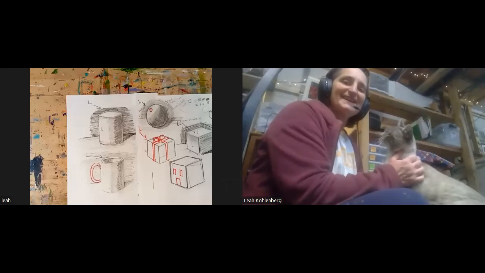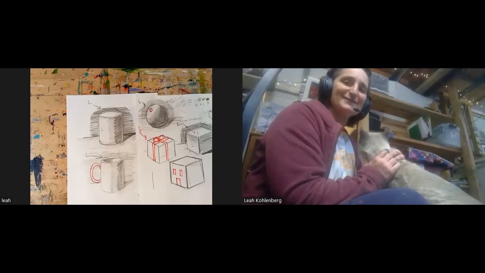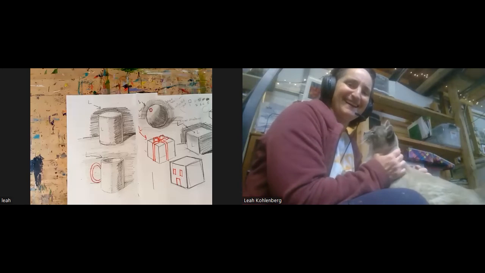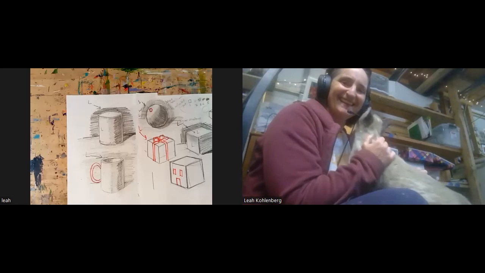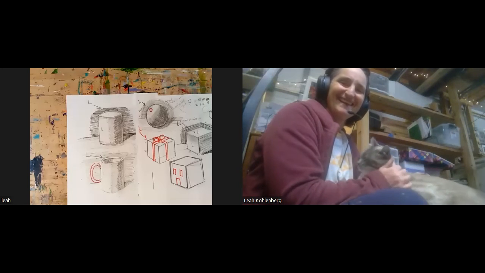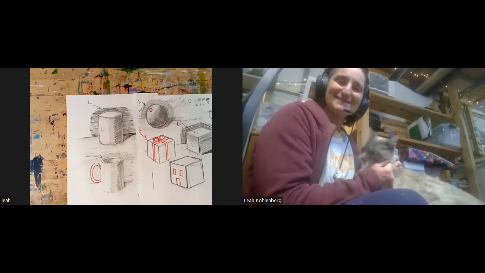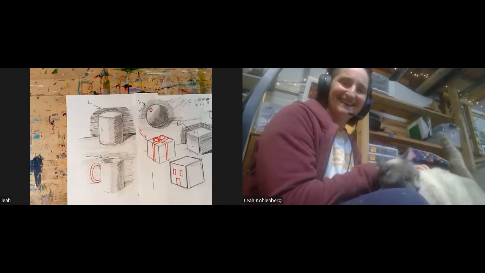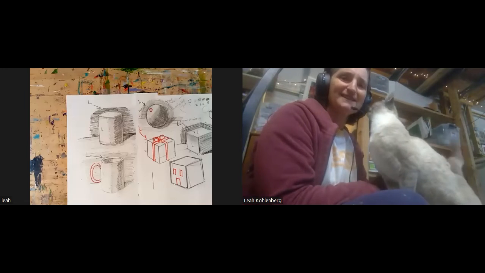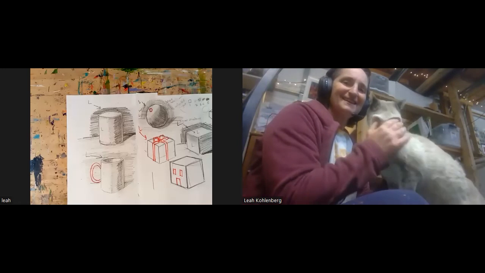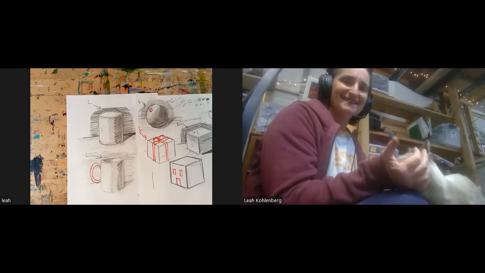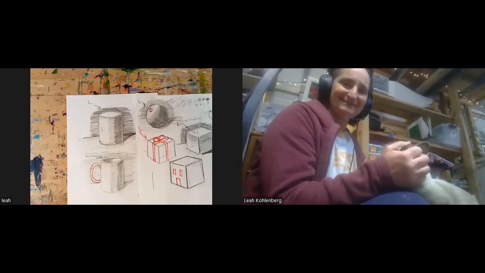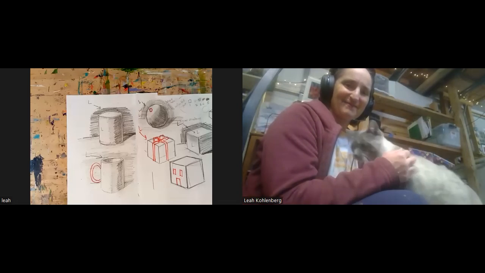Here's a little stray kitty, guys. Look at her. He's so cute. He's just ridiculous, isn't he? Pauline, do you have cats? Dominique, do you guys have cats? We don't. We have no pets.